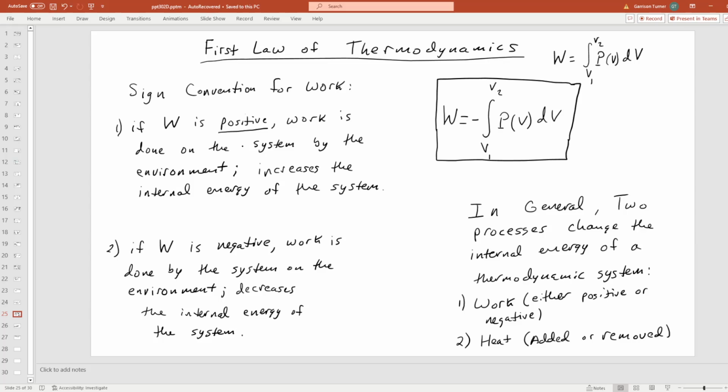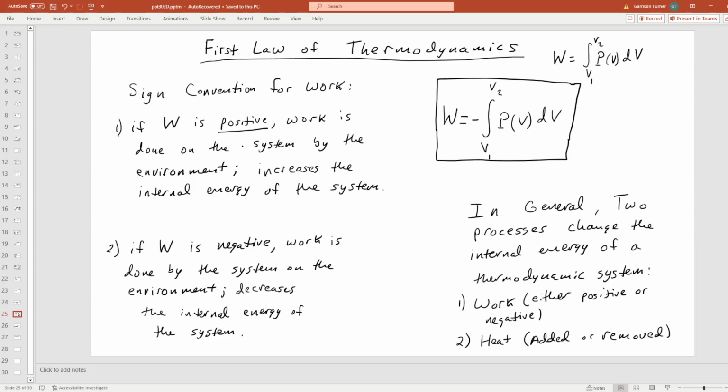So when you compress a gas, let's say you have a gas in a container with a movable piston, and I compress that gas, all else being equal, I'm decreasing the volume and increasing the pressure, and that will cause an increase in the internal energy.